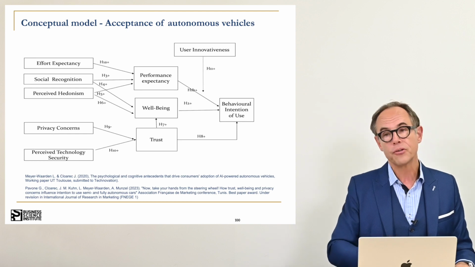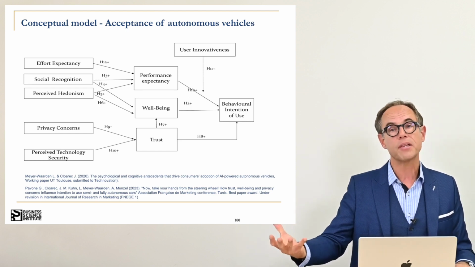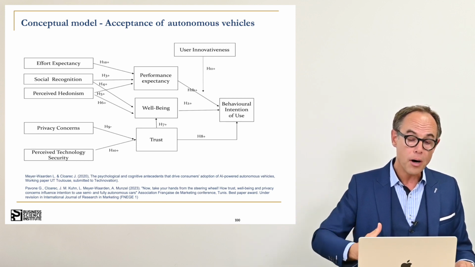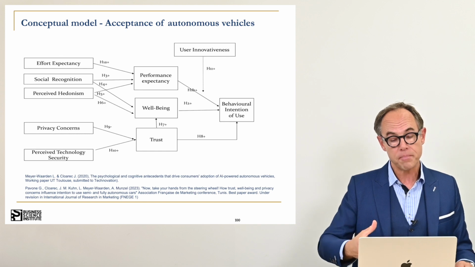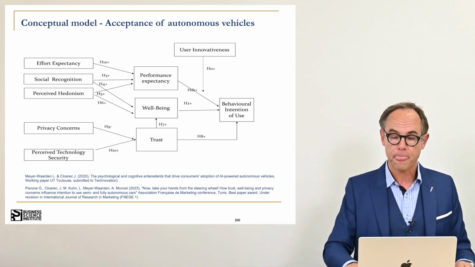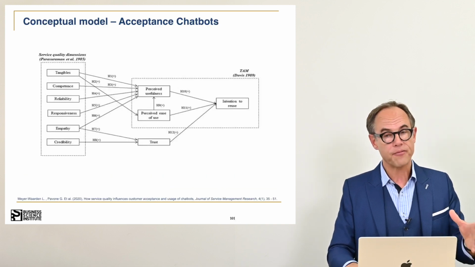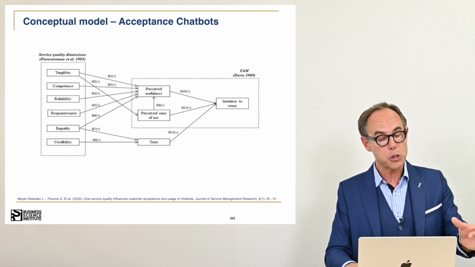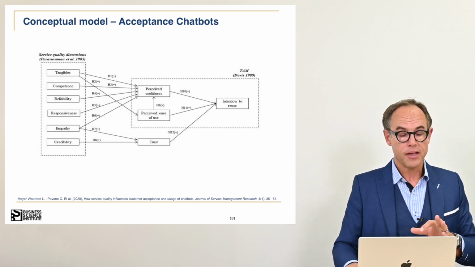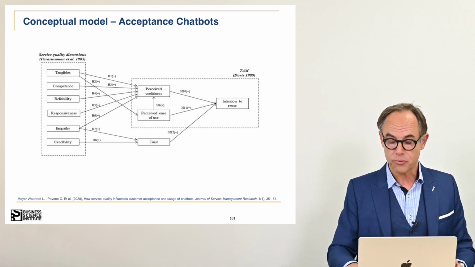You have a moderator of user innovativeness, which shows actually the more open customers are to innovation, the more the impact of performance expectancy on behavior intention to use should be amplified, and vice versa. Here's the model for acceptance of chatbots, where we have service quality, the different dimensions, reliability, competence, impacting positively the perceived usefulness and trust, subsequently intention to use.